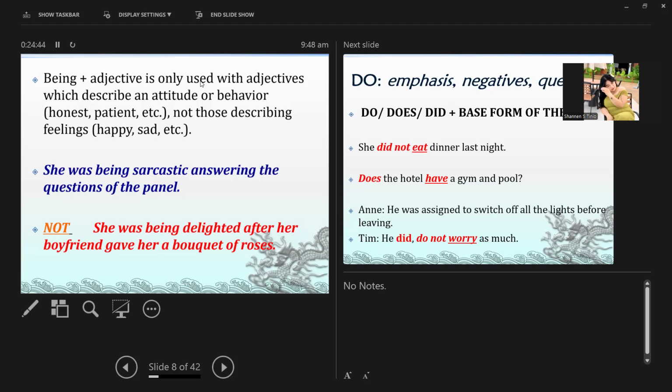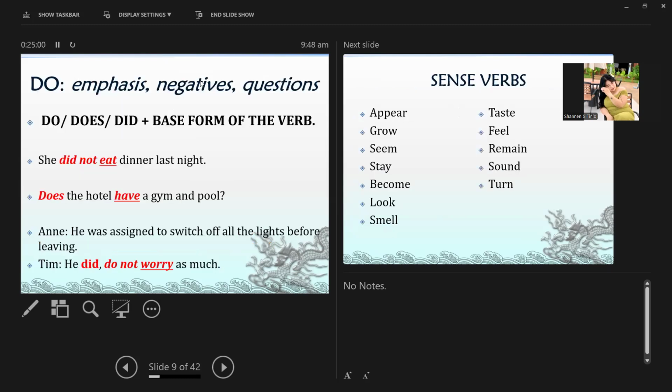Kind is a behavior. It's an attitude. Okay? So do you see the difference between the two? Saan ka maglalagay ng being at saka kung saan ka hindi maglalagay ng being. Alright? So if you don't have any questions, let's move on to the next slide. Because we have a total of 42 slides today. At nasa pang 9 pa lang tayo.